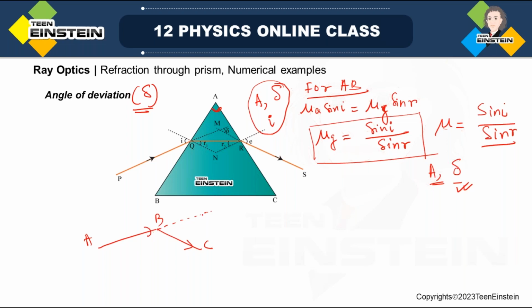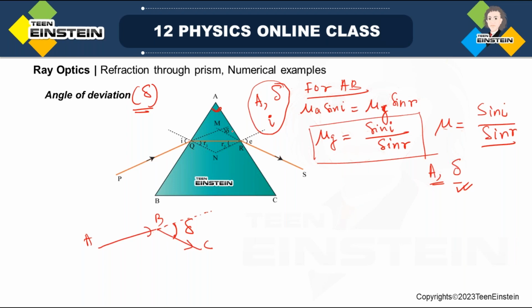The direction of incidence is this one, right? If I extend it, this is the direction of incidence. Now the light has got deviated along BC. So the angle between the direction of incidence and the deviated ray is generally denoted as delta.